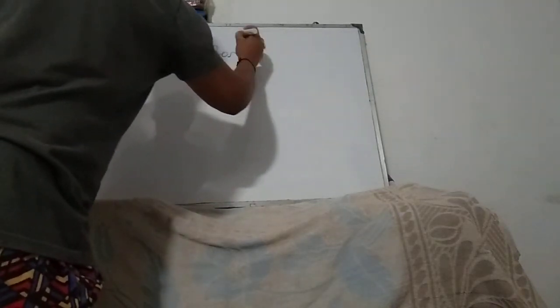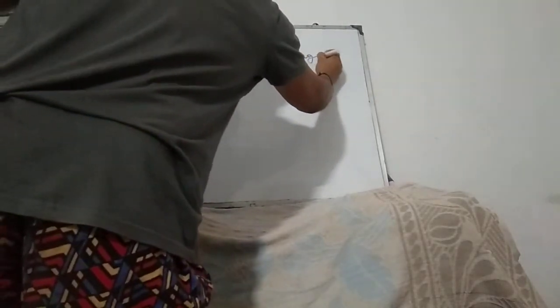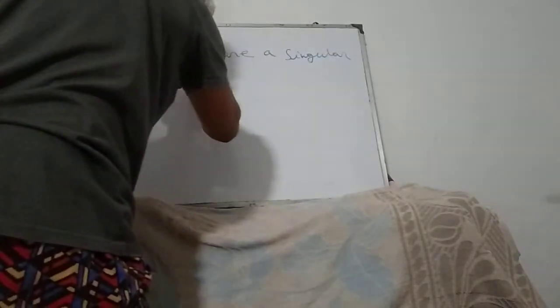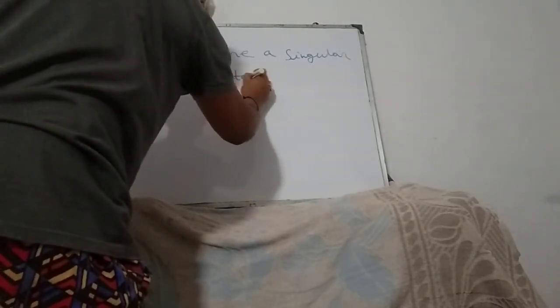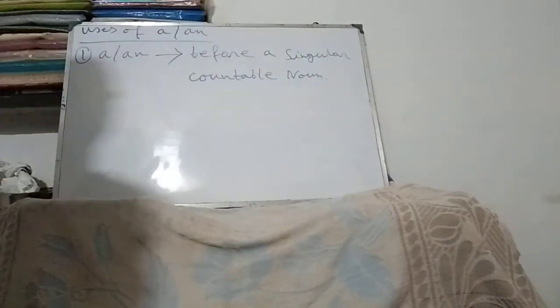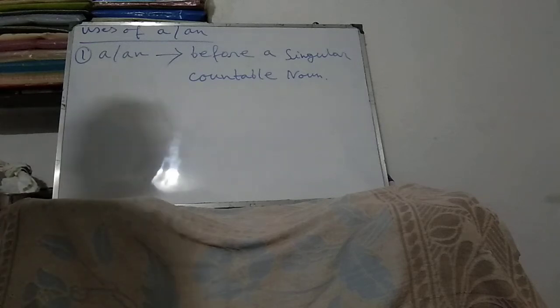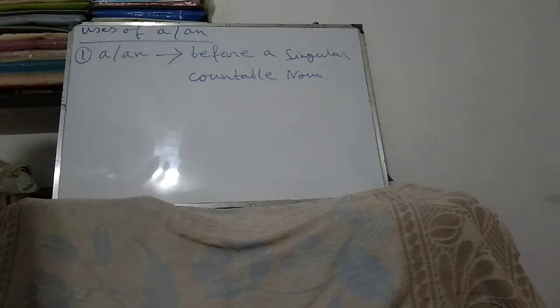General rules: I have told that a or an is generally used before a singular countable noun. Generally, a or an is used before a singular countable noun.